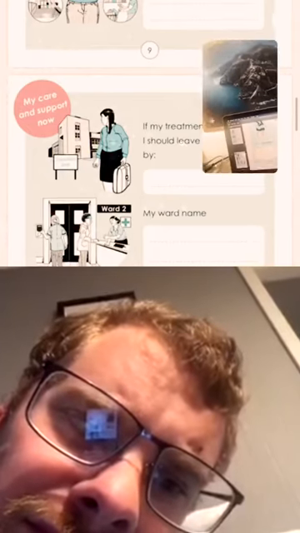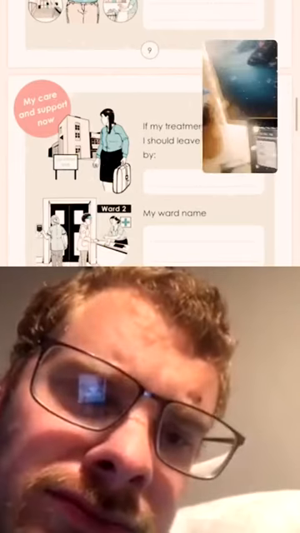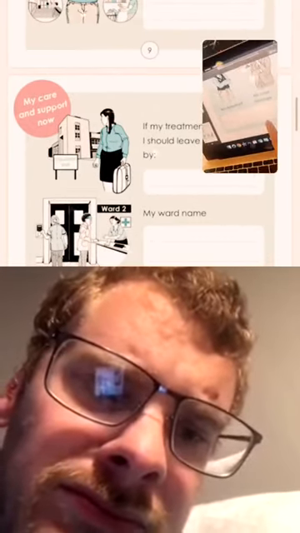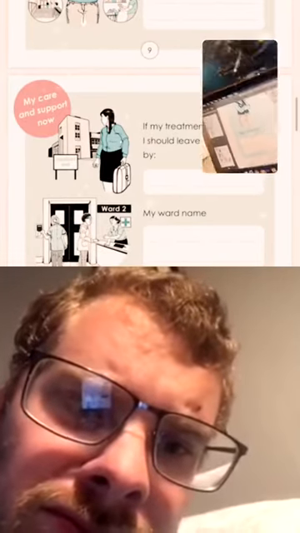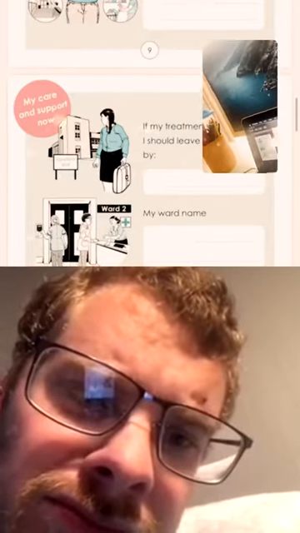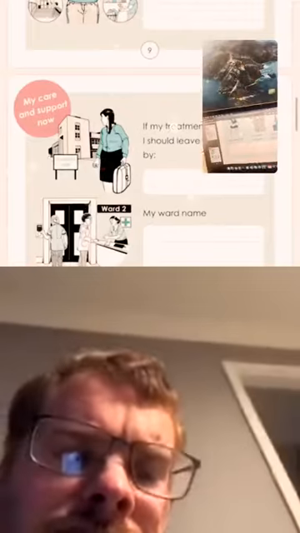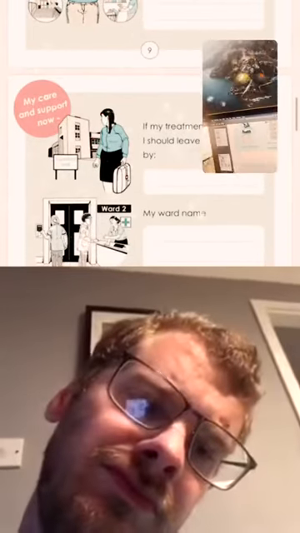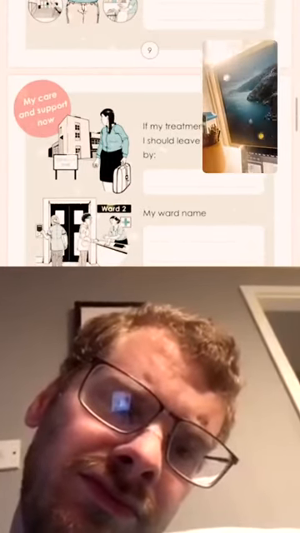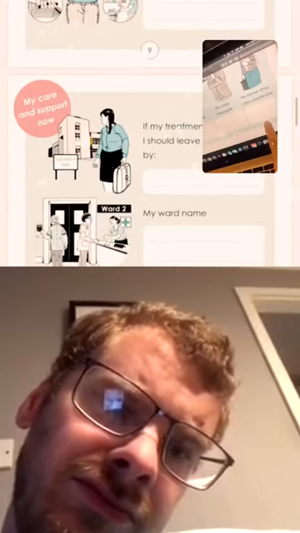So if you have a government caseworker, put them down at the bottom of page 10. And if you're from the UK, we think it means social worker. My home area health coordinator, so anybody who coordinates your care.